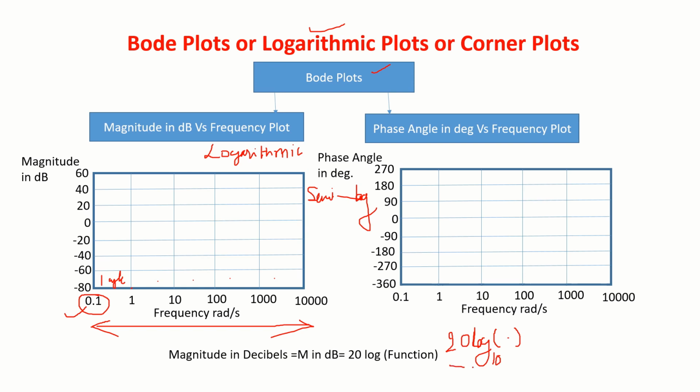Then this will become decibels. This is magnitude in decibels. This is frequency. On this plane we draw this plot. Here the phase angle in degrees versus frequency we draw. So it is known as the phase angle plot. It is known as the magnitude plot.